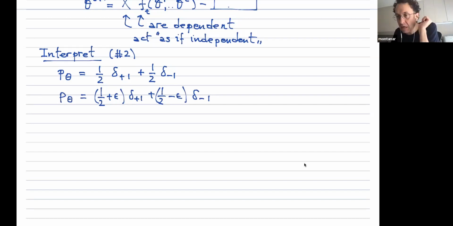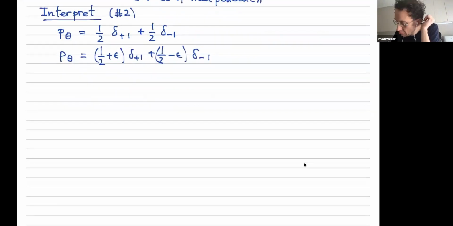Then in this case, I need only order 1 iterations, so a large constant number of iterations, simply by setting as initialization to my AMP algorithm anything that has a positive bias.